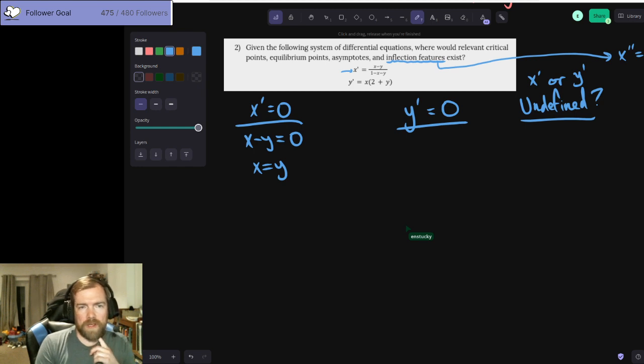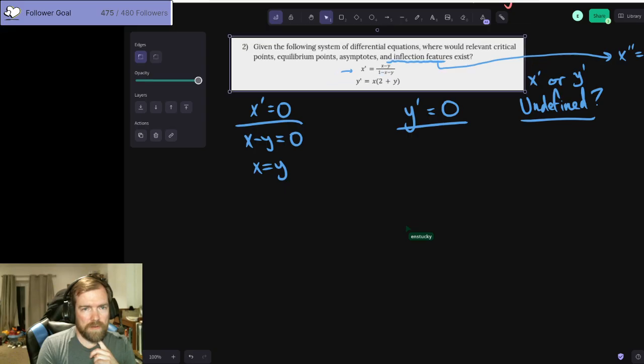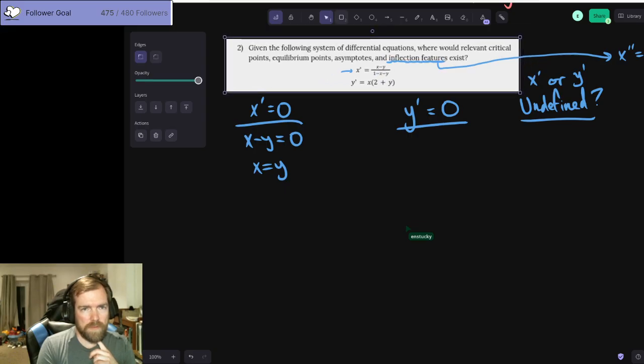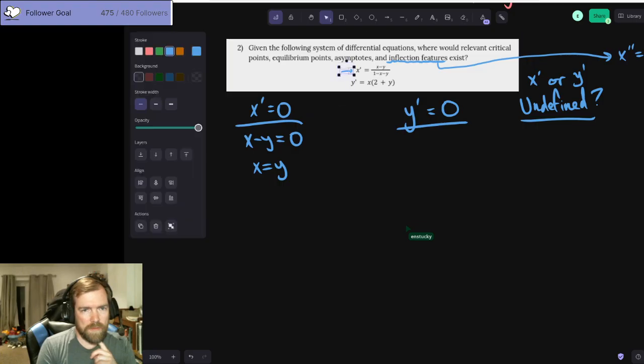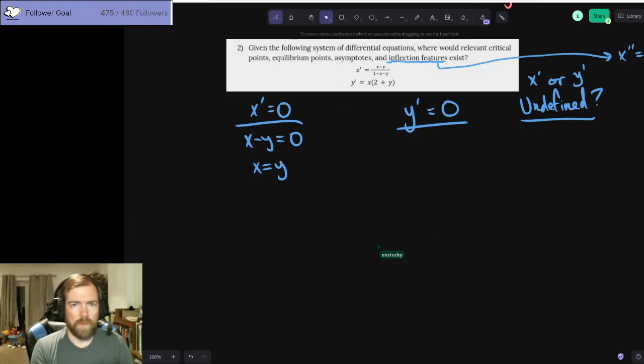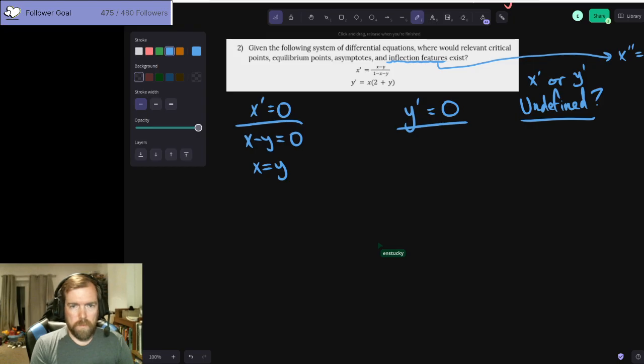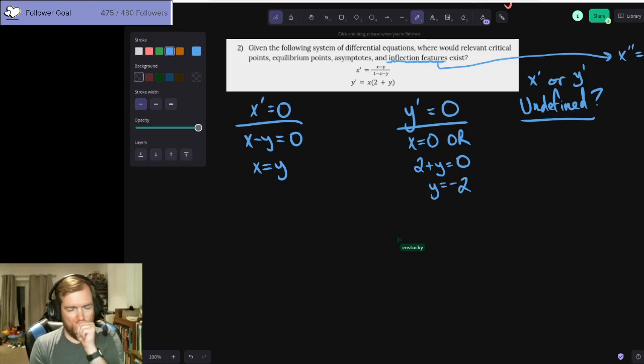All right, how about y prime being equal to 0? Well, x could be 0, or y could be minus 2. Right, so y prime equals 0 gets us x equals 0, or 2 plus y equals 0, which means y equals -2.